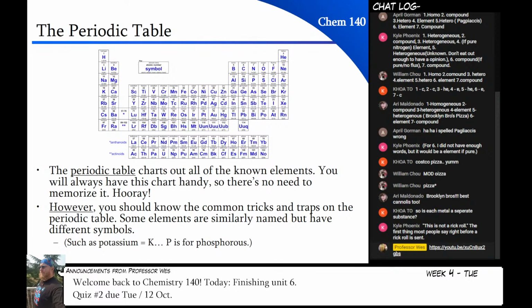The next thing you want to be able to do is find all of these elements on the periodic table and then note where the tricky parts are. What do I mean by tricky parts? What I mean is if I ask you to look for potassium and you go over here and you're like, well, here it is. That's not potassium, actually.